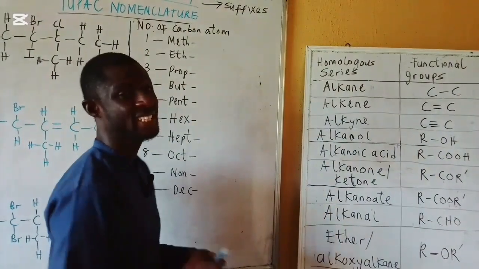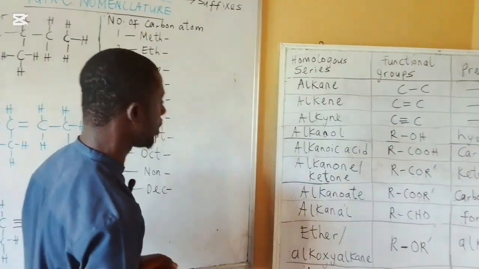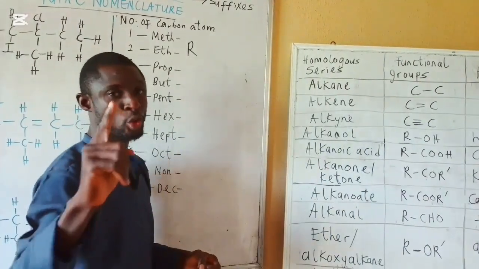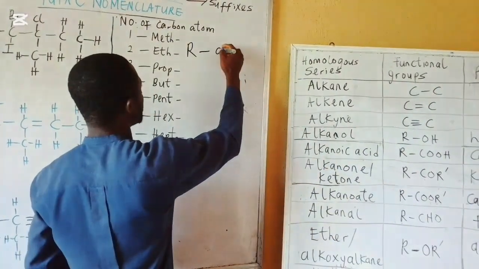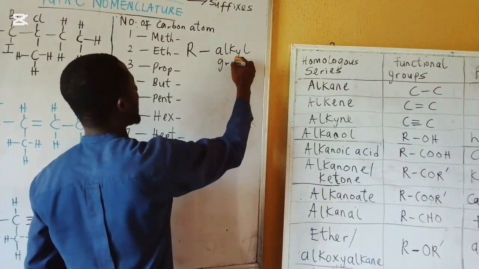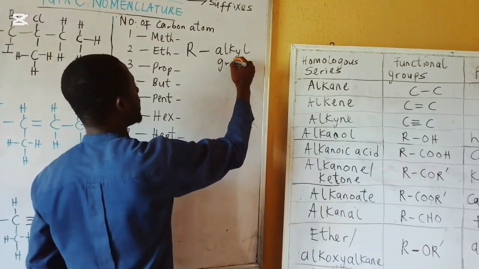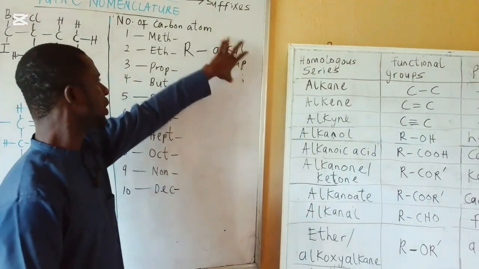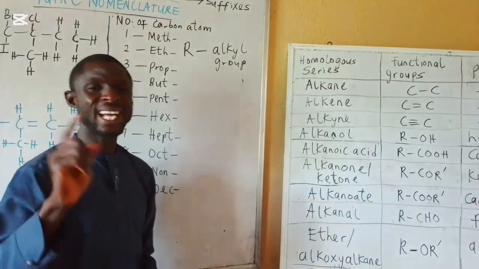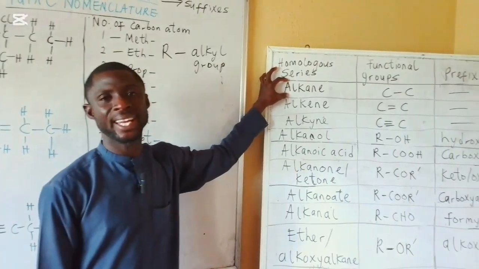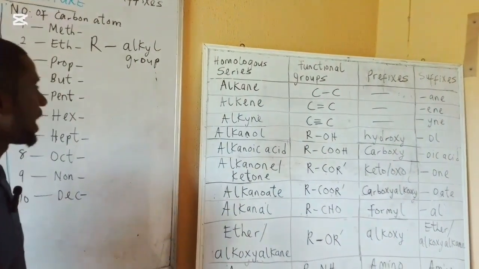This R is a symbol for a group called the alkyl group. Whichever way you want to call it, for me it's called the alkyl group. And this alkyl group is formed from the family called alkane.